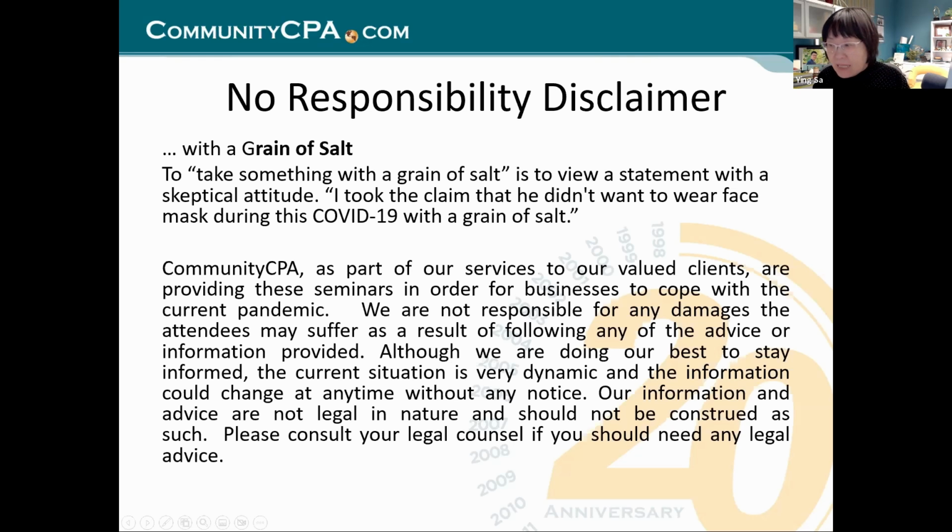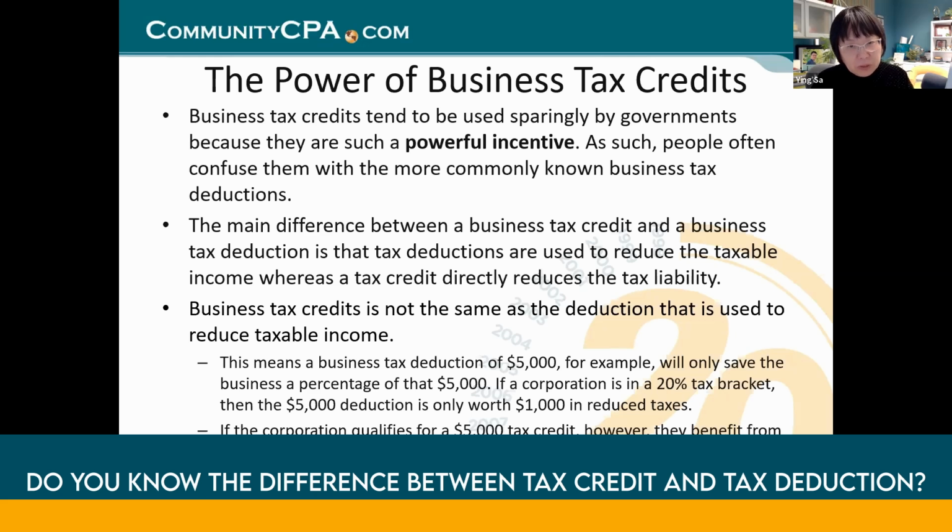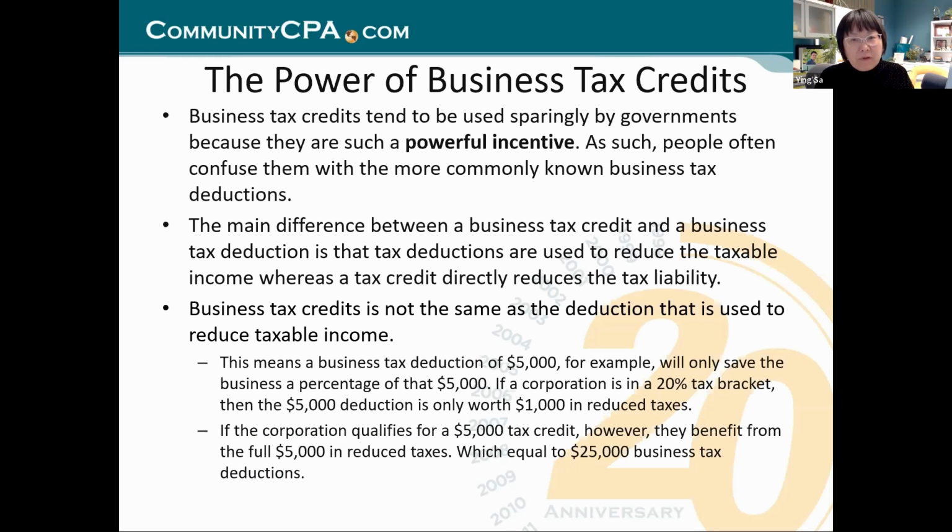Okay, now let's go into this R&D tax credit. The first few slides, I'm just going to talk through with you. Folks, when someone tells you there is a tax credit or there is a tax deduction, do you know the difference between the two? This is the difference. If you have a $5,000 tax credit, that means you have a saving of $5,000 in tax dollars.